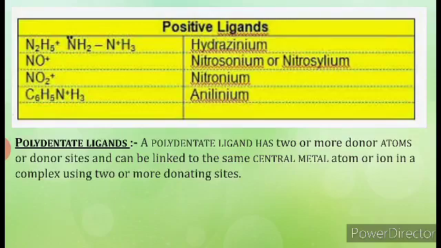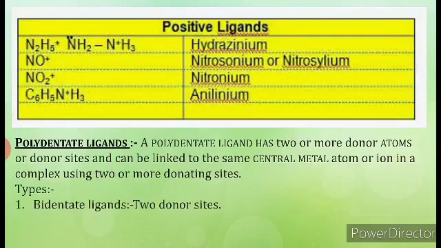If the ligand possesses two donor sites or two donor atoms, then it is known as a bidentate ligand. So the first type of polydentate ligand is the bidentate ligand, having two donor sites. All those ligands which have two donor sites come in the category of bidentate ligands.